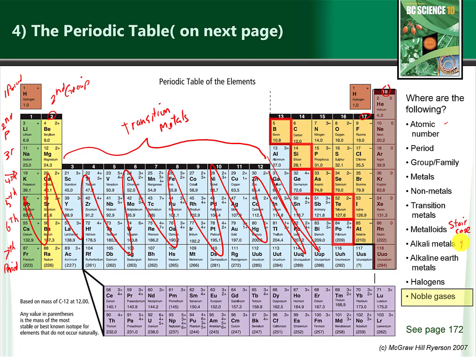Okay, so they're family number 1. This is family number 2. And halogens family number 17. And noble gases is 18. Okay?